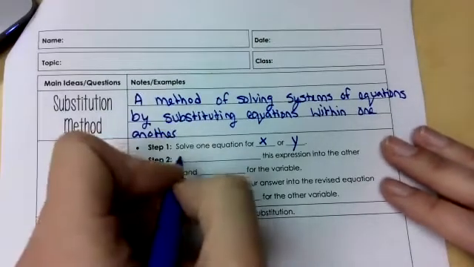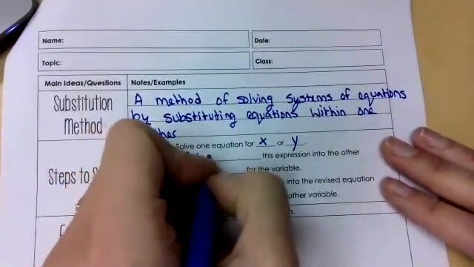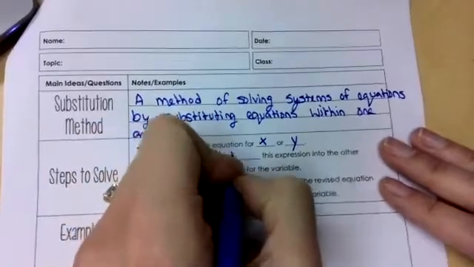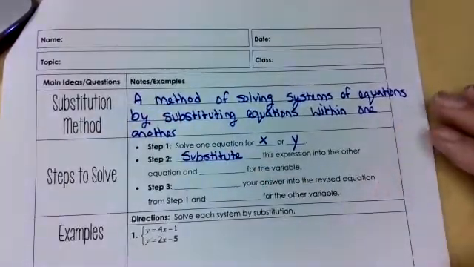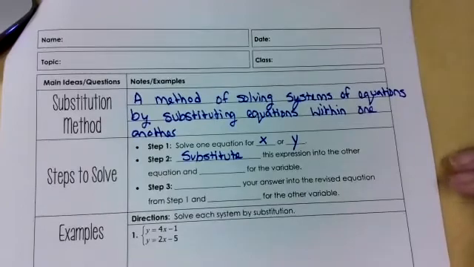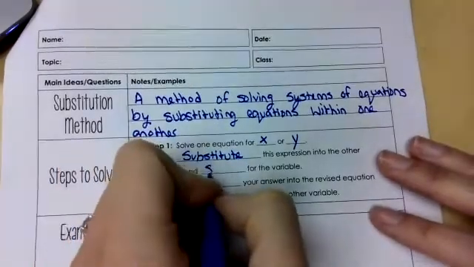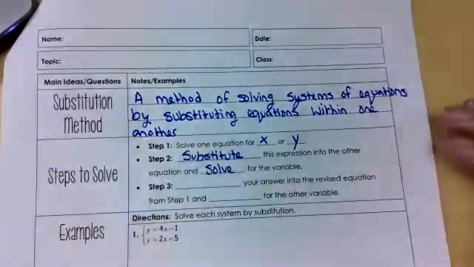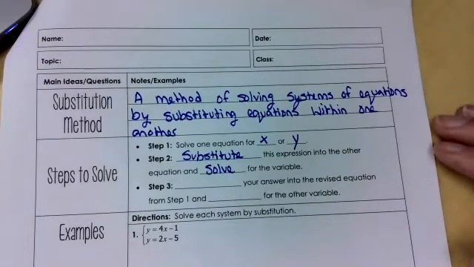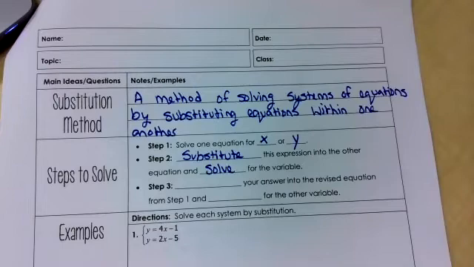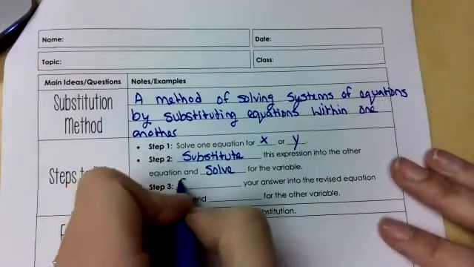Then we're going to substitute this expression into the other equation and solve for the variable. The last step is once we solve for one variable, we can substitute our answer for that variable into the revised equation from step one and solve for the other variable.